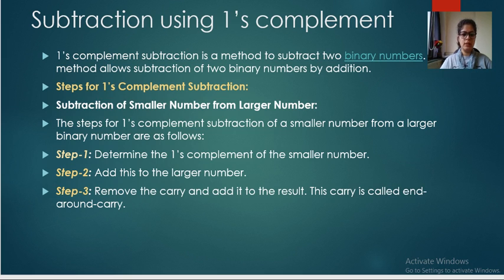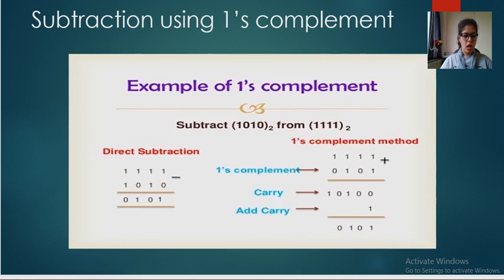So this is the easiest and simplest way. It is also the fastest way to calculate subtraction of two numbers. I hope students it is clear how you subtract two numbers using the ones complement method.